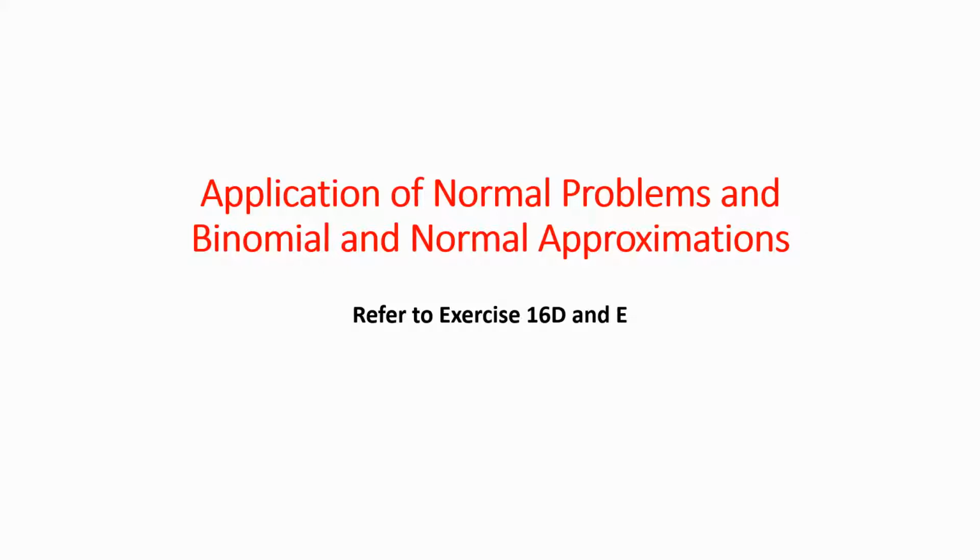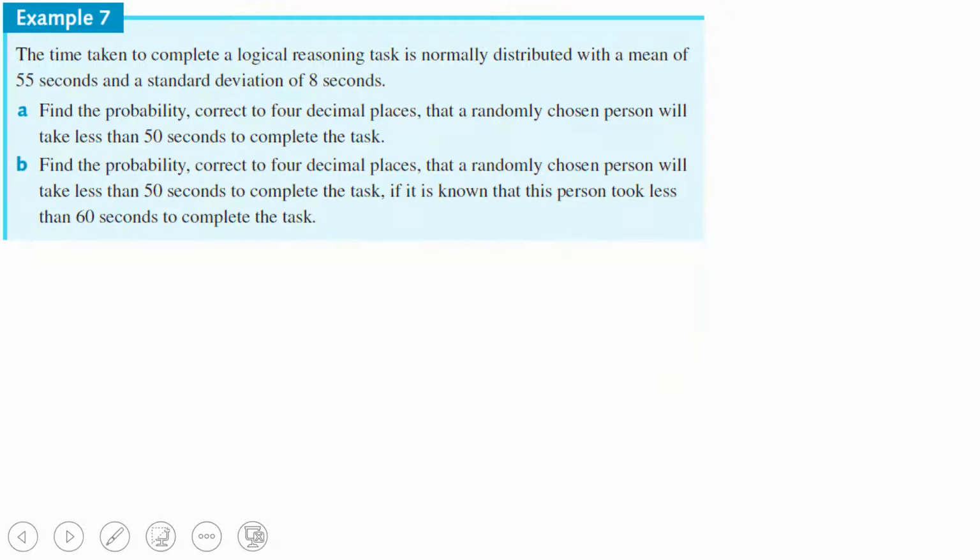Okay, but here we go. Let's do an example here. So let's have a look at this. We're meant to be doing applications now. So we know it's normally distributed because they tell us. They say the time taken to complete a logical reasoning task is normally distributed. So you already know you're dealing with normal distribution.